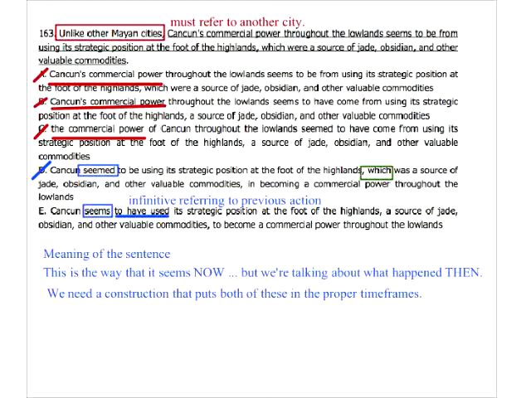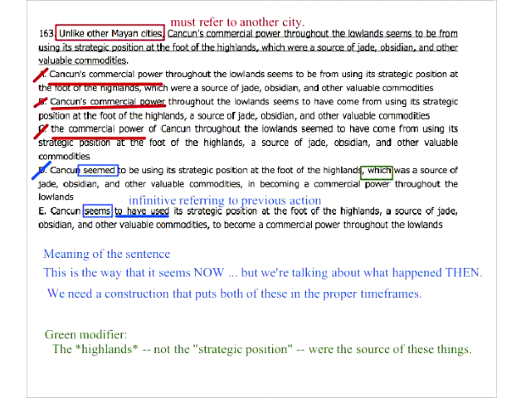Yeah, exactly. This modifier, the highlands were. This modifier needs to be talking about the highlands themselves, because the green modifier needs to recognize the highlands themselves, not the strategic position. The highlands were the source of these things.